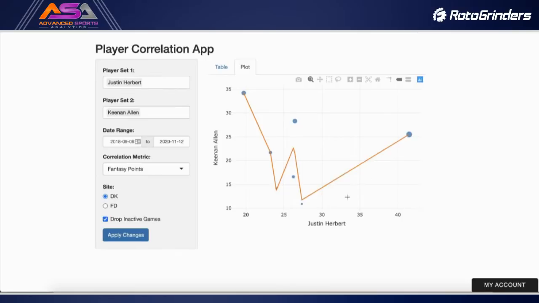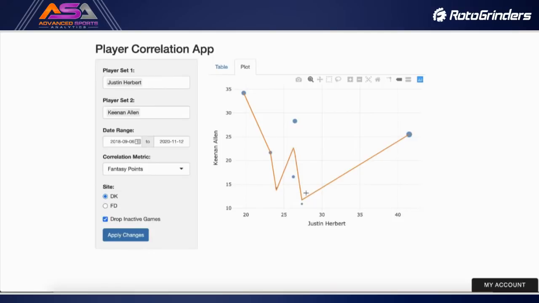Correlation is an attempt at being a linear measurement, and sometimes, like we saw with Woods, there's a point at which Woods has positive correlation with Goff, but then at a certain point, Goff reaching an excessive ceiling doesn't really help Woods. So sometimes plotting it out allows you to see the non-linearities in players' relationships where correlation as a singular metric might fall short because it is a linear measurement.